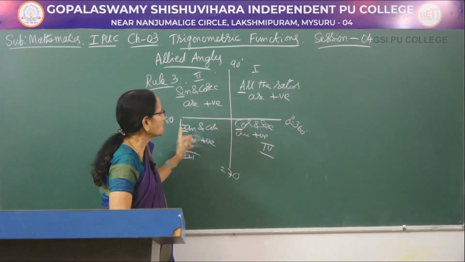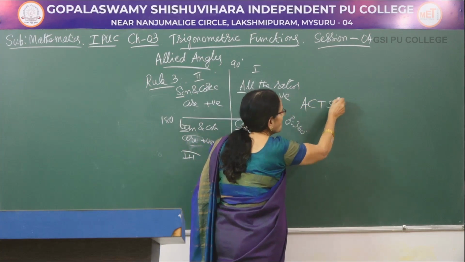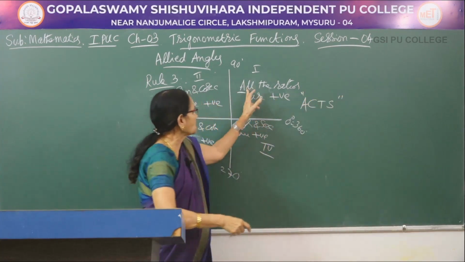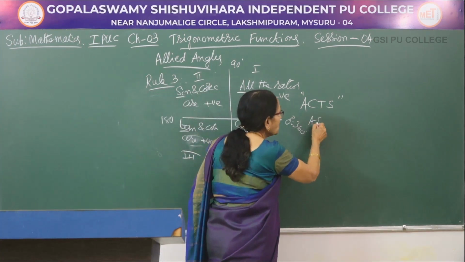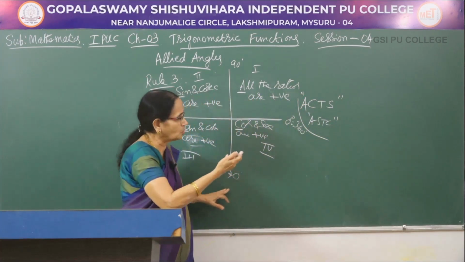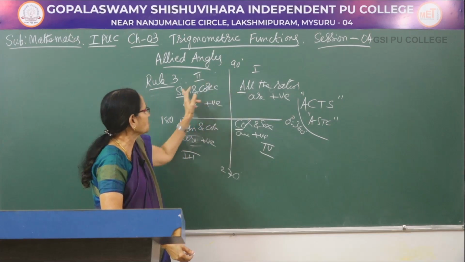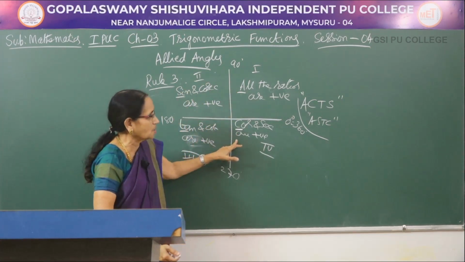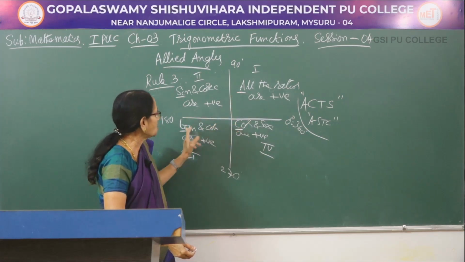Now, taking the first letter like this, it is written in two different ways. Some write it as ACTS rule, some write it as ASTC. Both ways of expressing are allowed. They take it like this, first, second, third, fourth, ASTC, or some take it in the clockwise direction, ACTS.